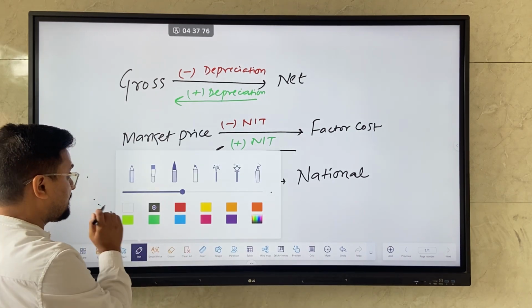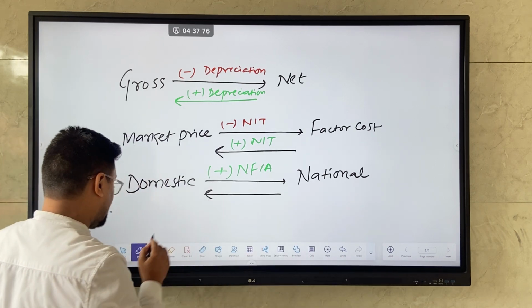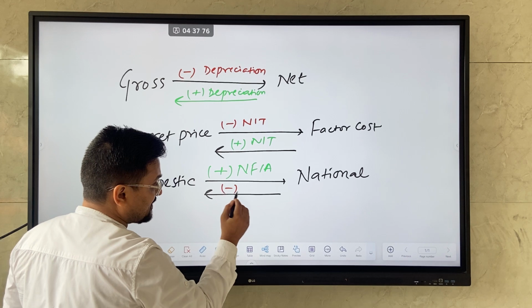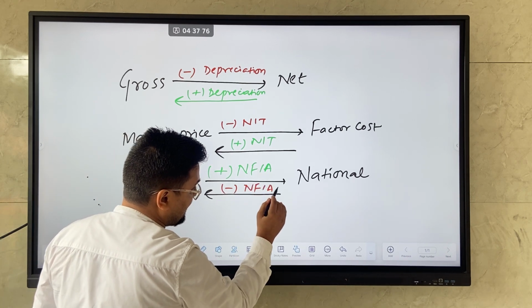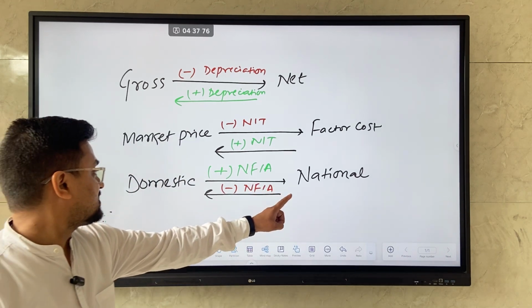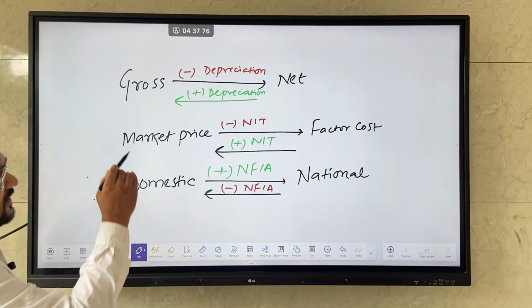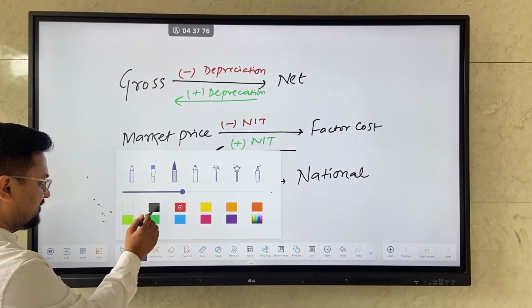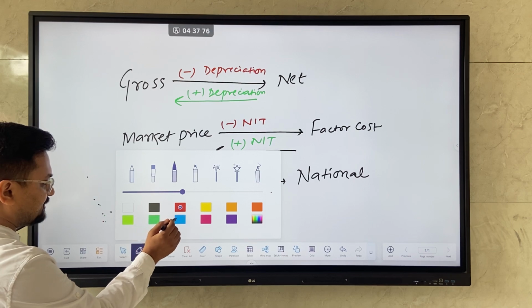But if you are going back from national to domestic, you are going to subtract NFIA. So I am giving you one example for each for a better understanding.